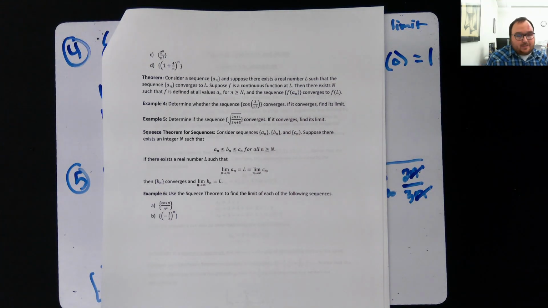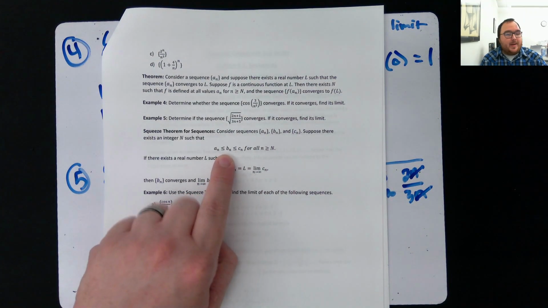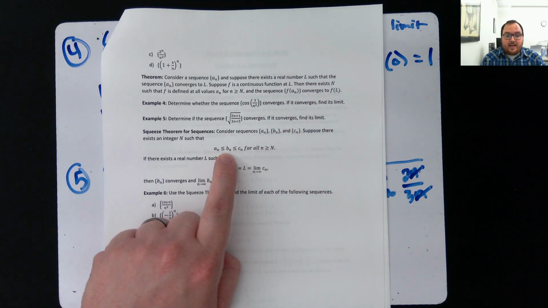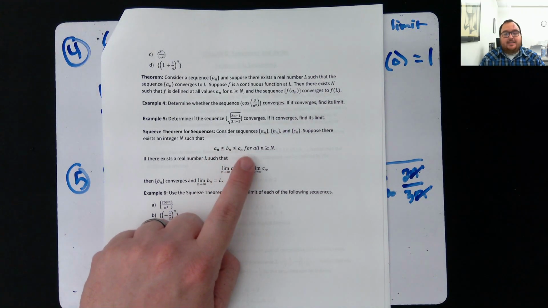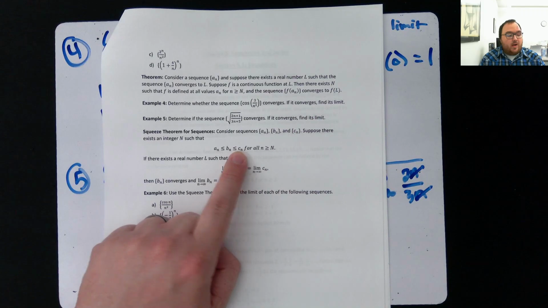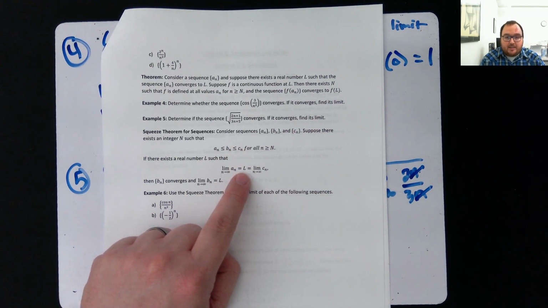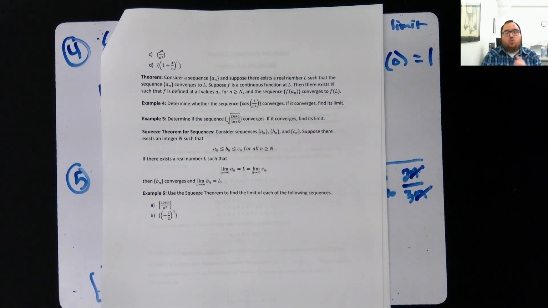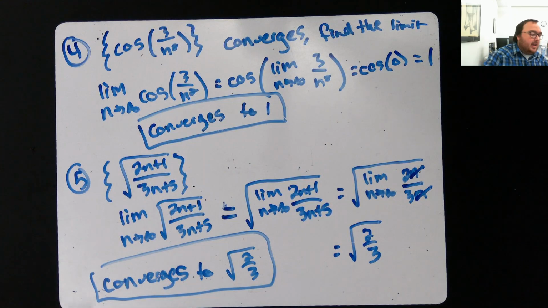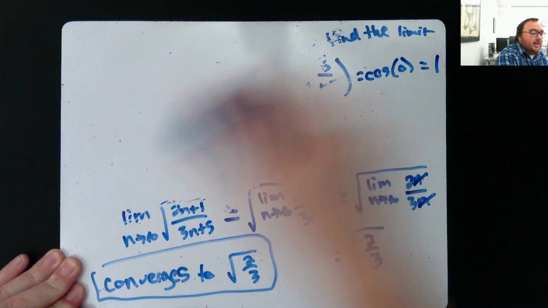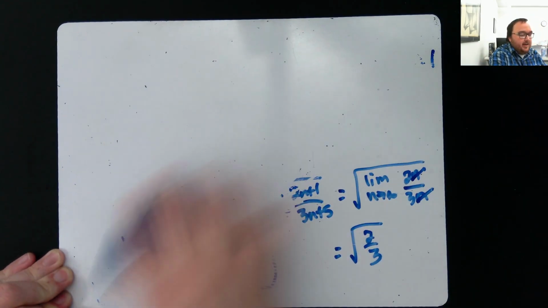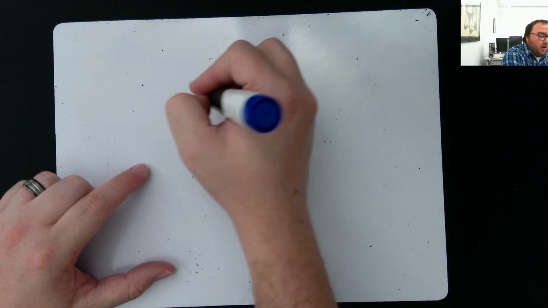So what does this mean? Notice here b_n is between a_n and c_n. So if a_n and c_n go to the same point, b_n must also go to that point. Because once again, b_n is between a_n and c_n. So like a_n is somewhere up top.